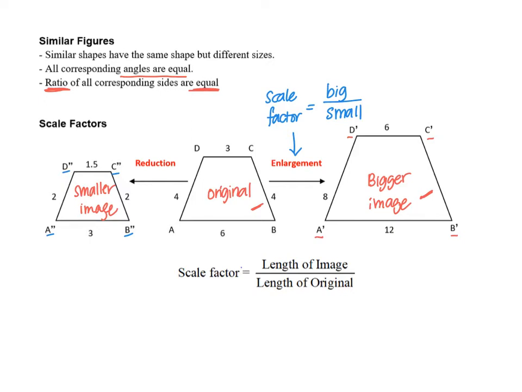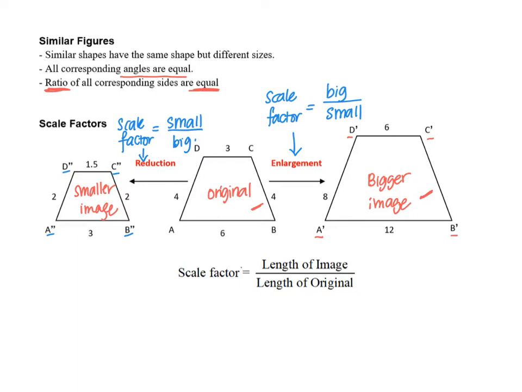So if we were to have a reduction, the scale factor will be taking the image, which is the small, over the original, which is the bigger one. So when there is a reduction, the scale factor is given by taking the length of the small over the length of the bigger one.